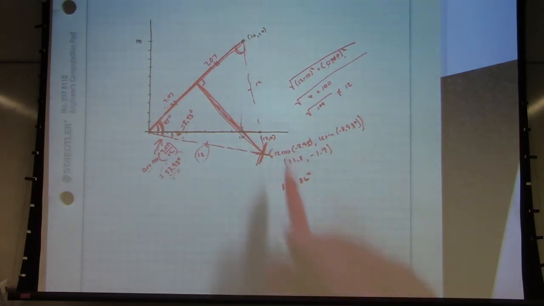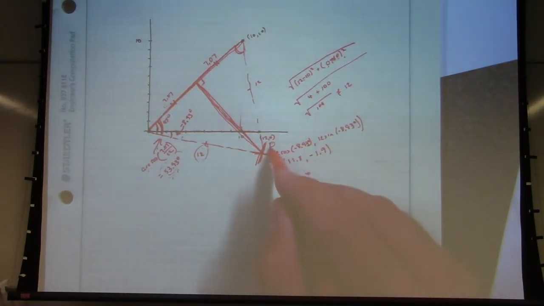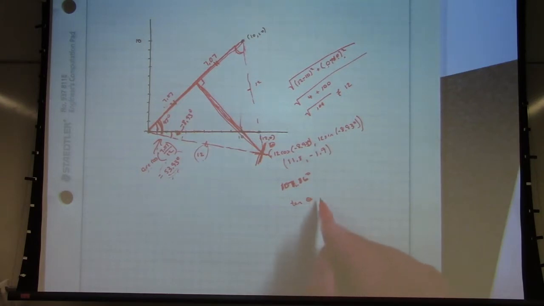And let's just see if I'm correct. If we go through and find the tangent of this angle here, theta, we can say that that's equal to, what's tangent equal to? Change in y's over change in x's.